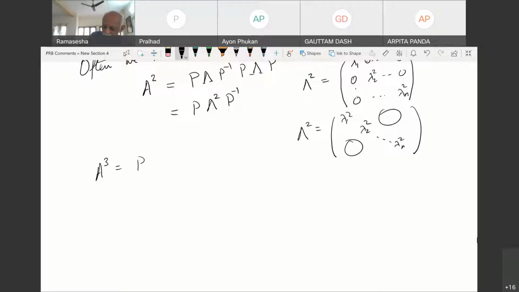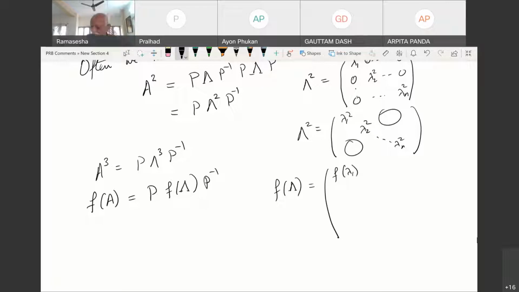In fact, any function of a matrix, f of A, is equal to P f of lambda P inverse. And what is f of lambda equal to? f of lambda 1, f of lambda 2, up to f of lambda n, with 0 elsewhere.